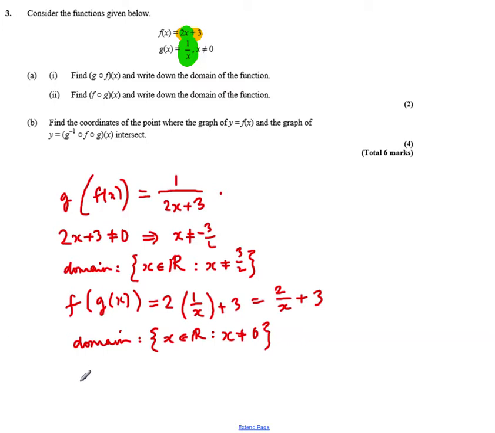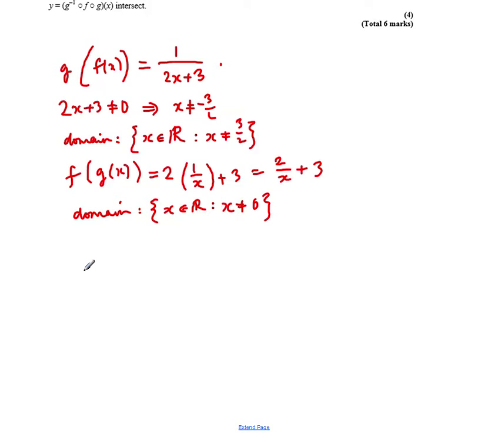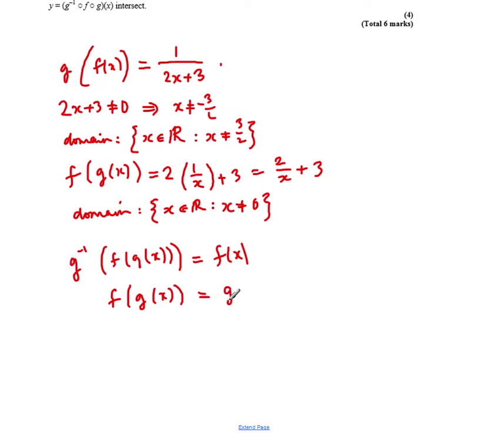Now over here it might help to do a little bit of rearrangement because you notice that this thing is a little bit strange. So of course you could find g inverse and substitute it in, but actually if g inverse of all of this is equal to f of x, and you do g on both sides, taking g of both sides removes g inverse and gives you g of f of x.